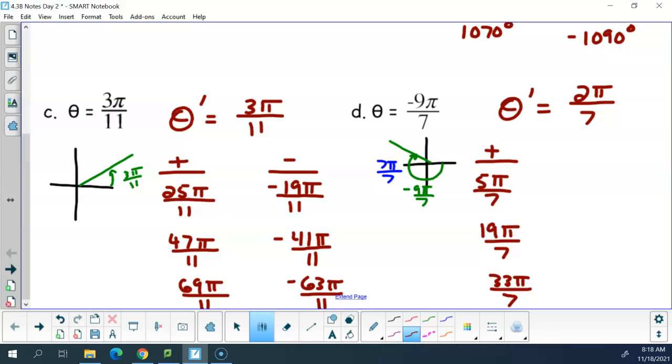Negative, I would say negative 23 pi over 7, negative 37 pi over 7, negative 51.